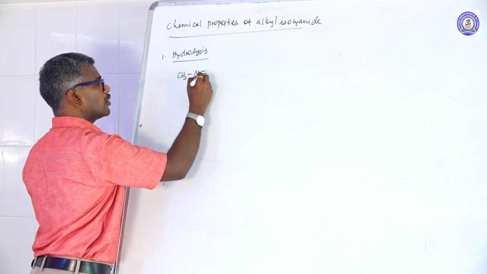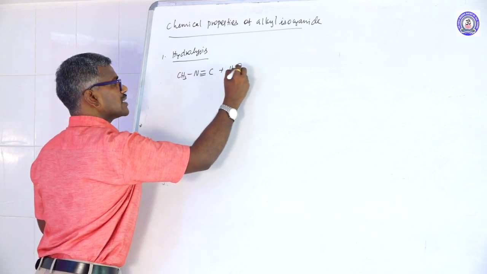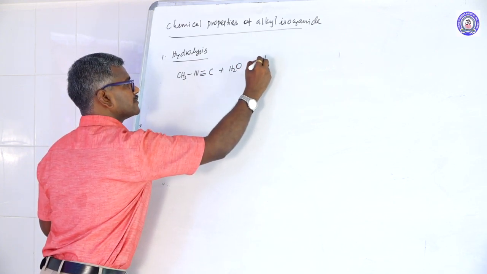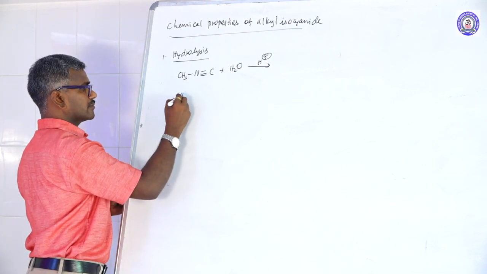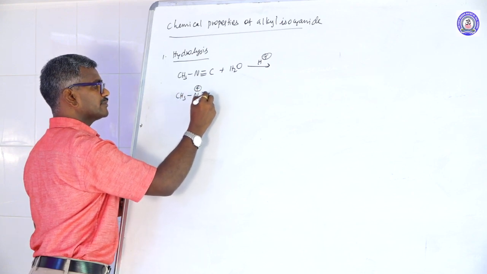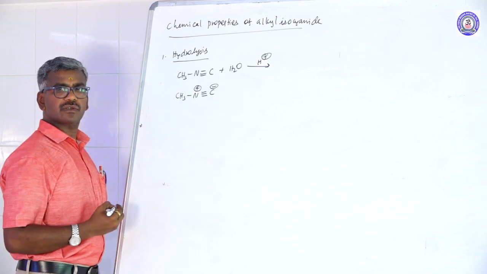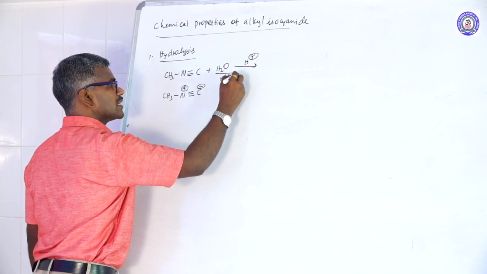CH3N≡C undergoes hydrolysis in the presence of H+. How does this reaction take place? Nitrogen carries the positive charge, carbon carries the negative charge.